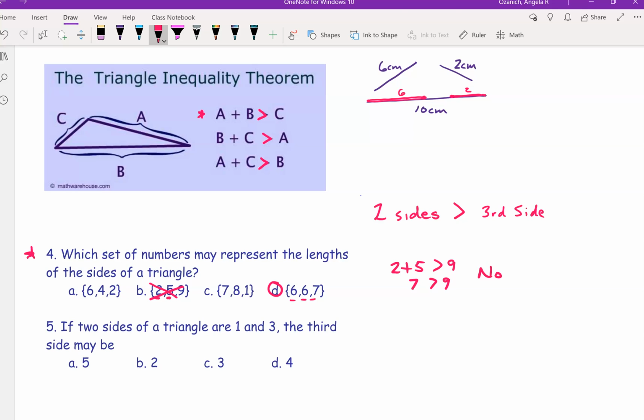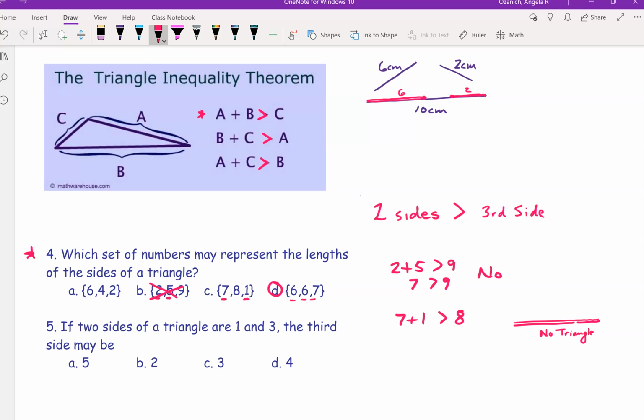Here's another one. These are some interesting situations. If you have 7 plus 1, you're adding these two sides, and it's equal to but not greater than the third side, what ends up happening is you have 7, you have 1, and then you have 8, which leaves you no gap. It leaves you no triangle if that happens.